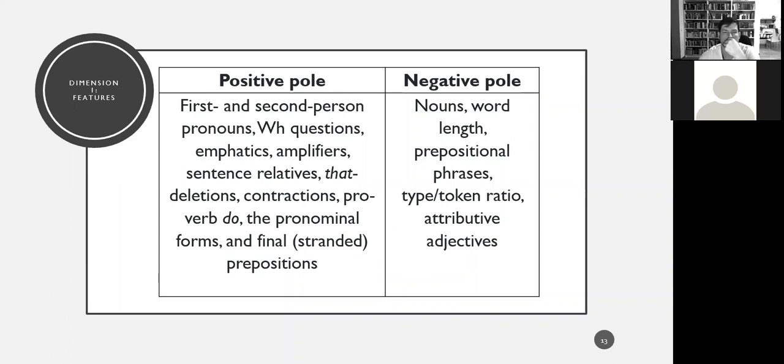And on the negative pole, nouns, word length, prepositional phrases, type token ratio, and attributive adjectives. So these features were found to be frequently used and were found to co-occur on the registers that were on the negative pole, like, as I have already said, official documents.